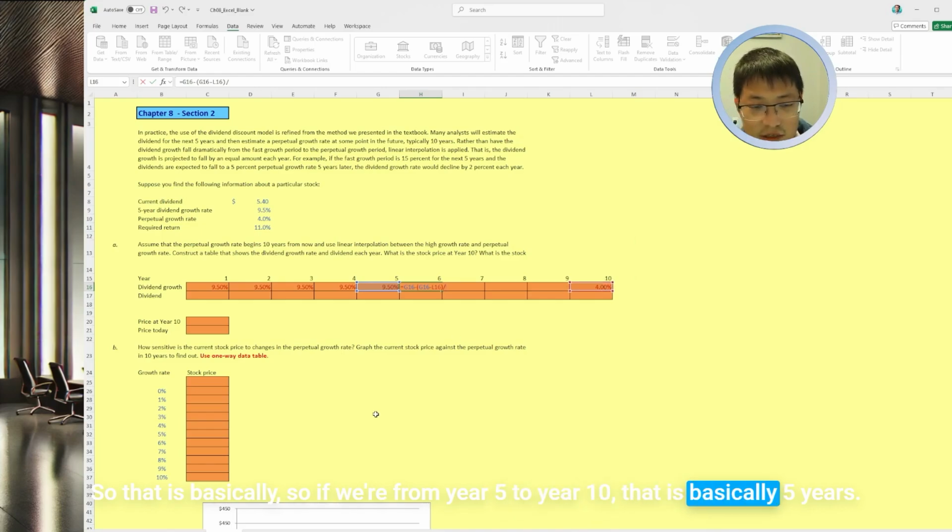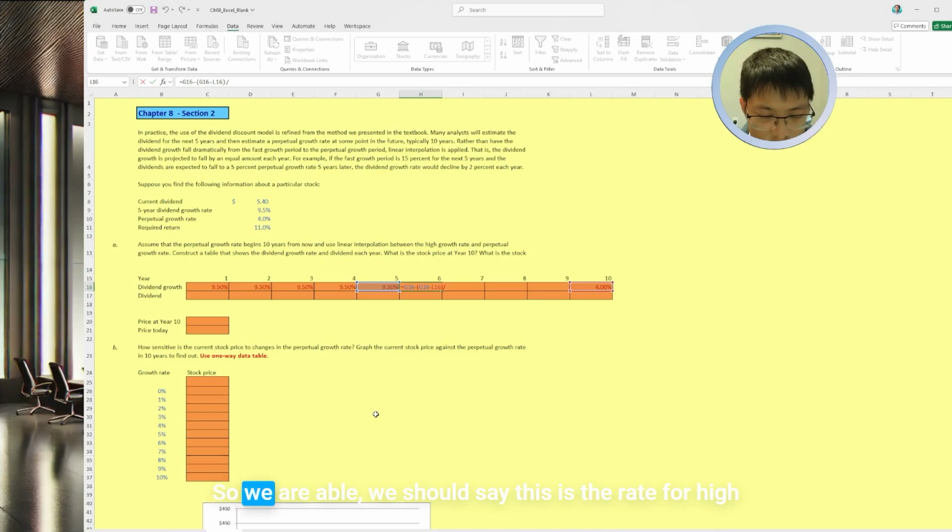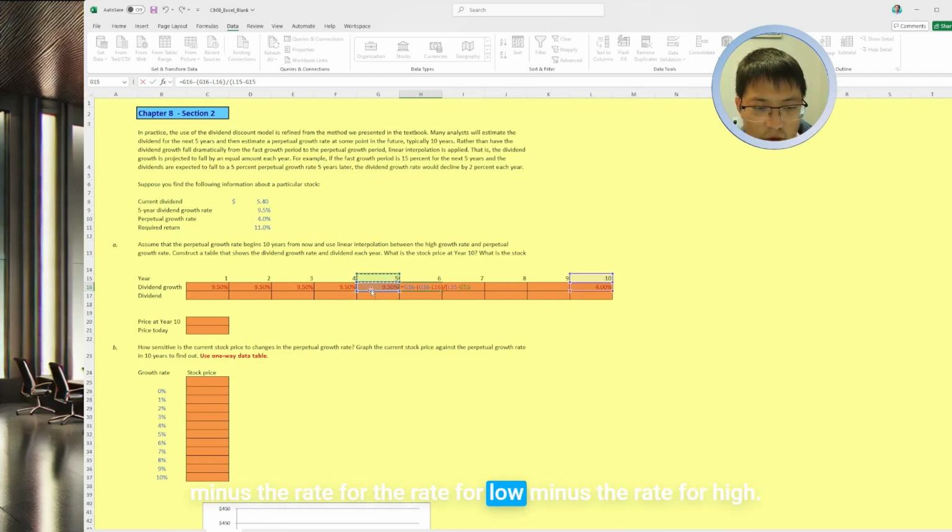That is basically 5. It should say rate for high minus rate for low. We want to fix this equation so the difference between the high and low is always the same. Therefore, the 5 years are always the same.